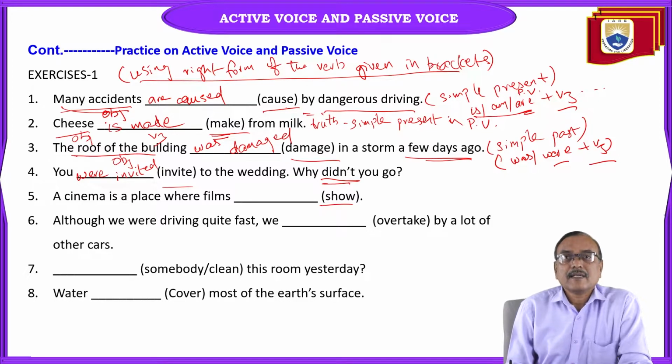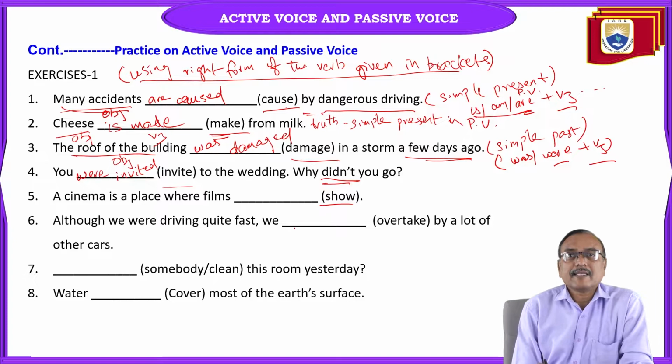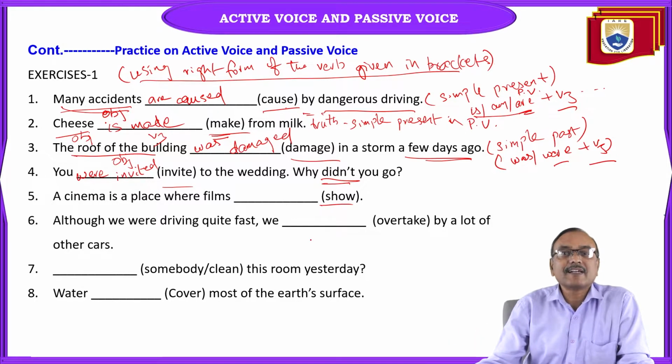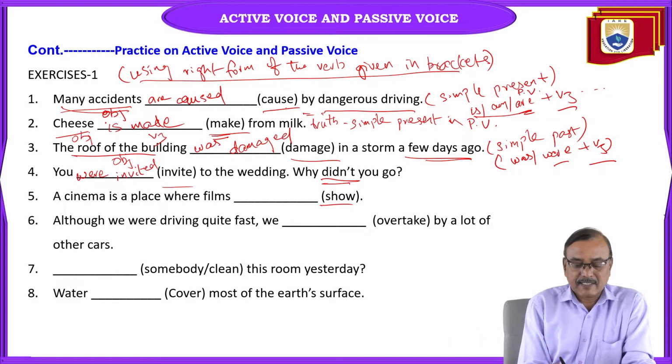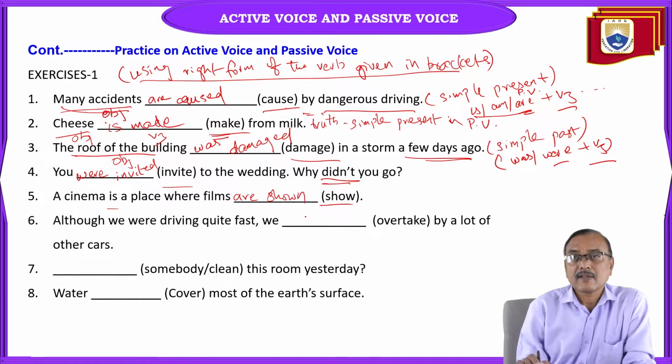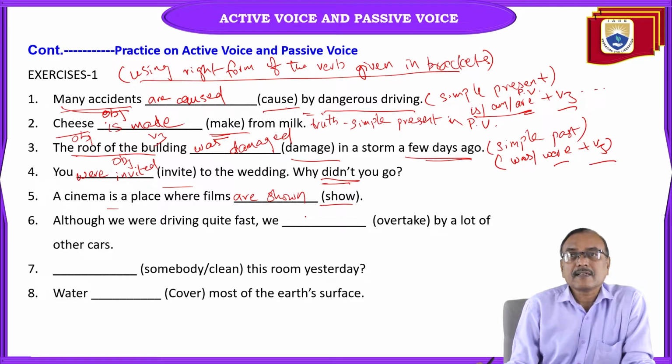Right? Next. Fifth one. A cinema is a place where, so it is speaking of a general truth, universal truth. Cinema is a place where films are shown. Is it clear? Simple present tense in passive voice.